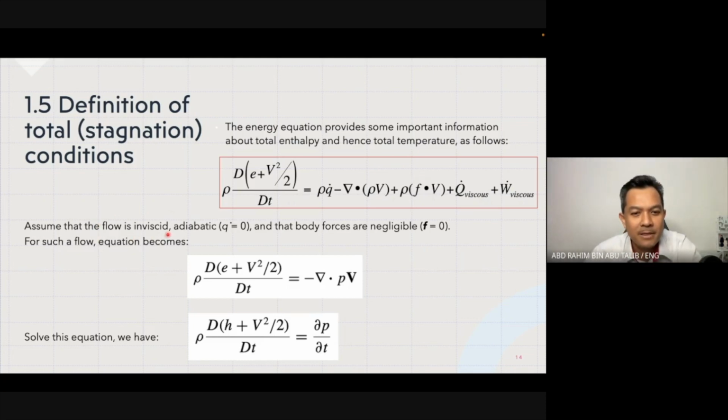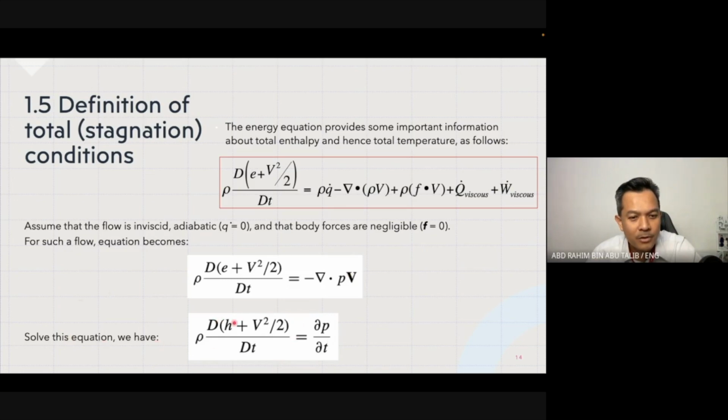It means adiabatic, where there is no heat transfer to or from the system, so q equals 0, and the body forces are negligible, so f is also equal to 0. For such a flow, the equation becomes the density times d of the energy plus V squared over 2, the kinetic energy, over dt, equal to the negative change of the pressure times the velocity, sorry, the volume.